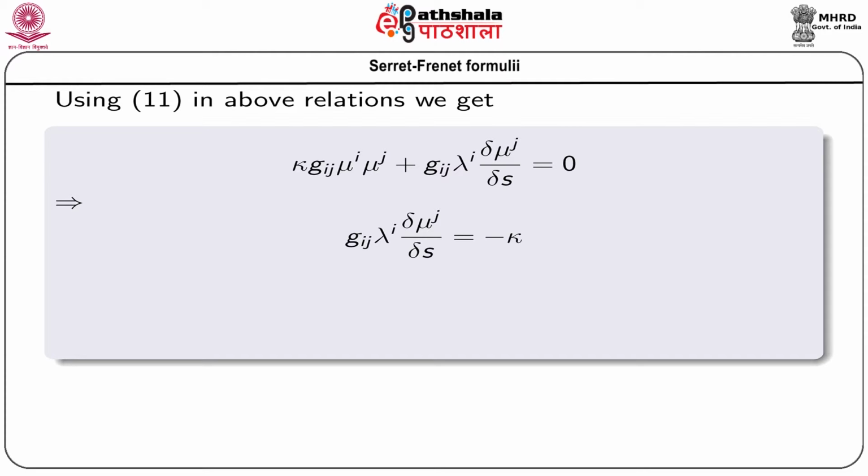Now, g_ij μ^i μ^j equals 1. So, g_ij λ^i ∂μ^j/∂s equals minus κ, or we can write in this form also: g_ij λ^i ∂μ^j/∂s plus κ g_ij λ^i λ^j equals 0, since g_ij λ^i λ^j is also equal to 1.